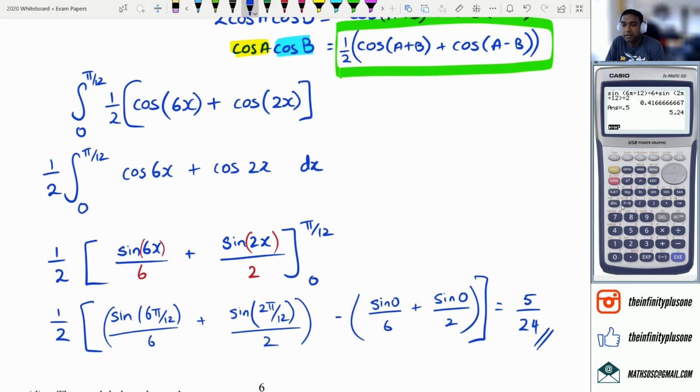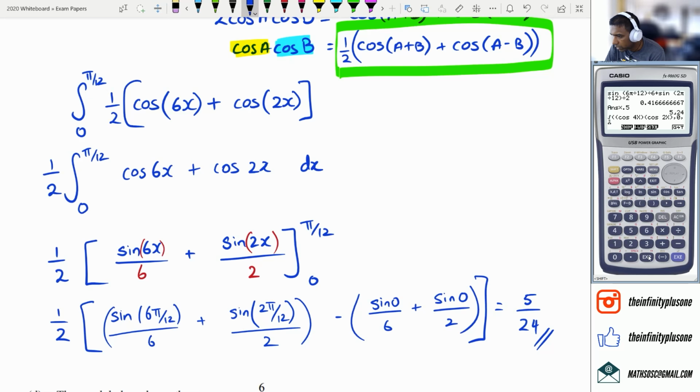Now, instead of putting this in the calculator the long way, you could have gone into your options, calculus mode, integral, and with integral, you type in cos for x. I might want to put this in a bracket because I'm always nervous about doing this, but we'll see how it looks. Cos 4x and then cos 2x, and I want it between 0 and pi over 12.